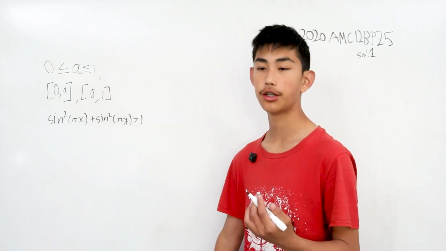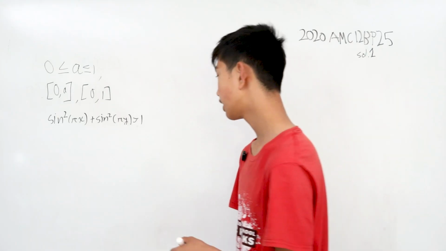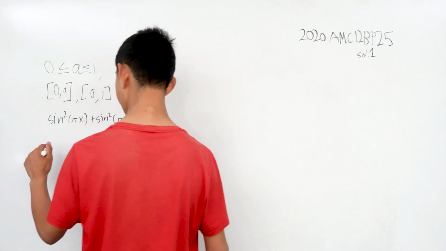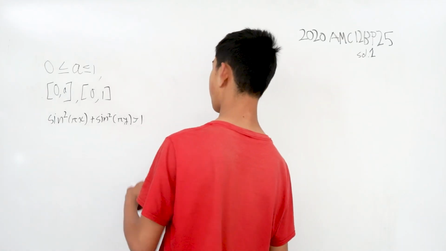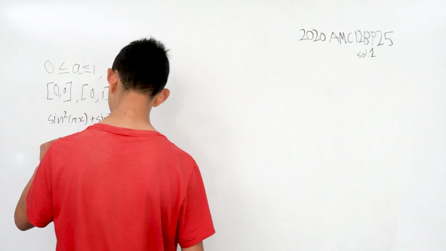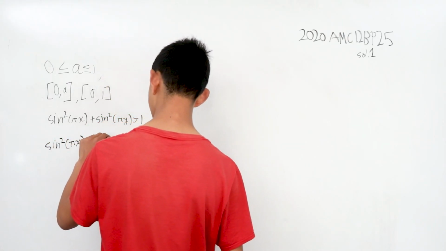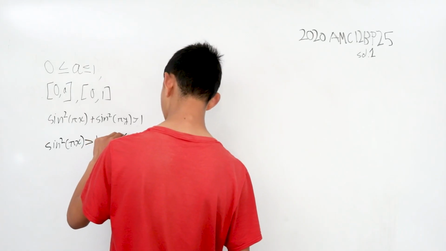Now the first thing we can do is rearrange this inequality. If we subtract sin²(πy) from both sides, we get sin²(πx) > 1 − sin²(πy).